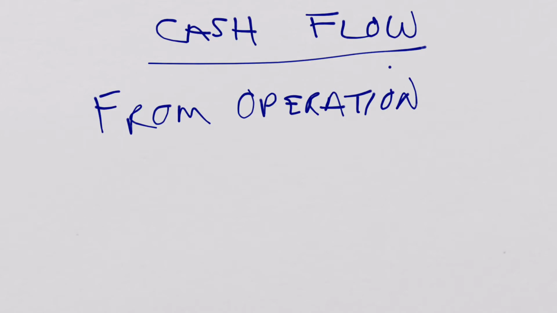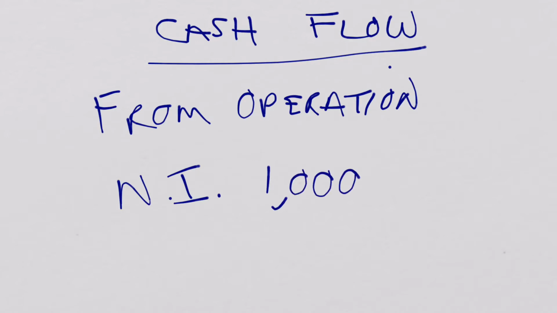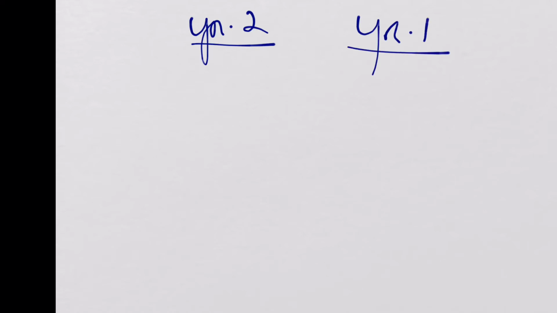remember what to do. So cash from operating, and we're going to start with the net income on an accrual basis, and we'll set up some phantom numbers for this example. Let's set up $1 million and let's see what happens. So what you do, if you remember from class, is take the balance sheet figures for year 1, year 2, and then you look at the specific accounts that have adjustments that would have affected the income statement on an accrual basis.